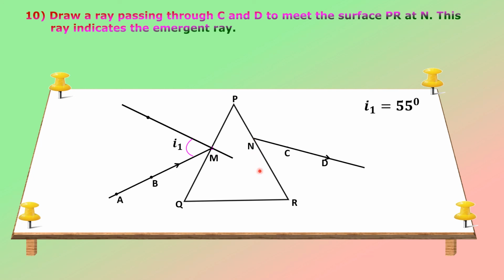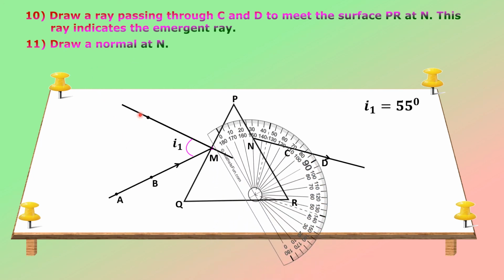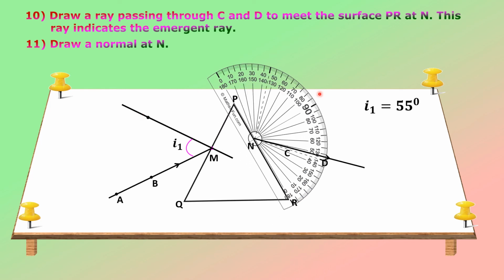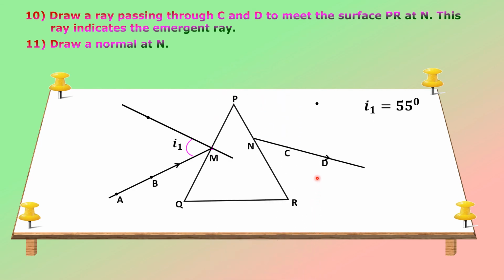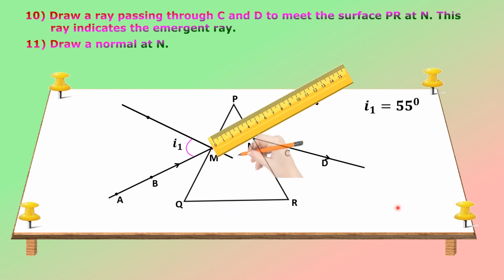At this point we have to draw the normal like this. Draw a normal at N. Okay. Now I am drawing the normal at N. This is the normal I am drawing.